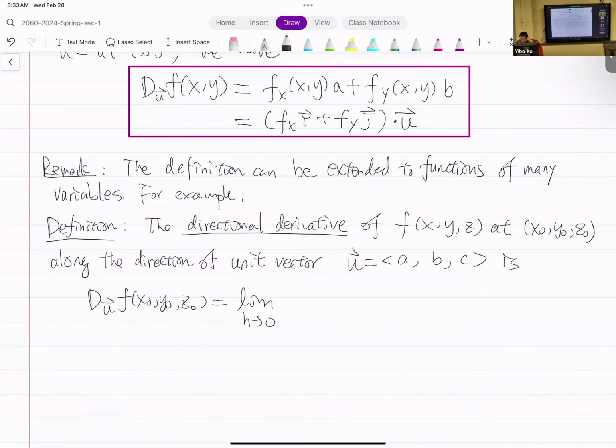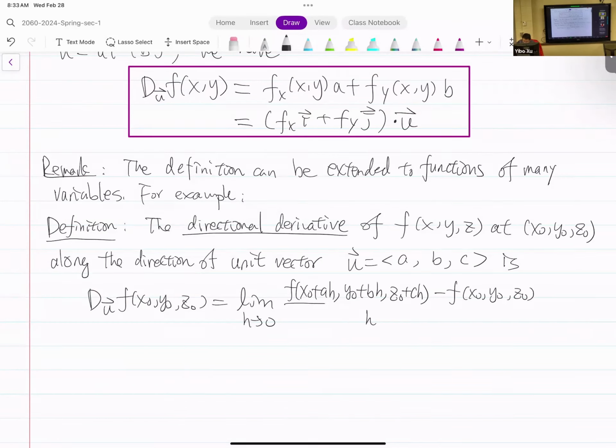So basically, still we're gonna do the aggregate change when we walk along this direction u by h units. Right? So it's gonna be the change in input, which is h units. The change in output is f of x0 plus ah, y0 plus bh, z0 plus ch. So I need the line to be a little longer, but you get the point.